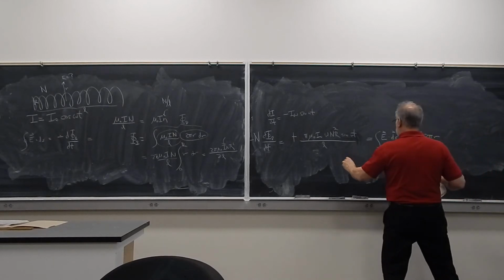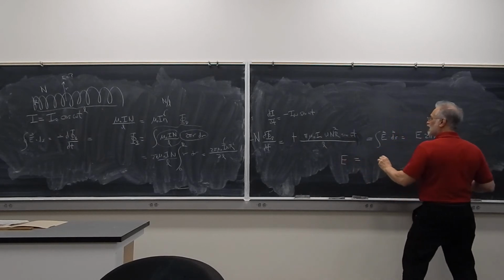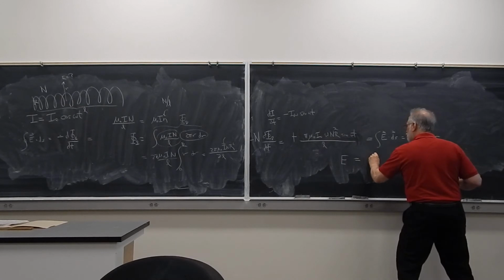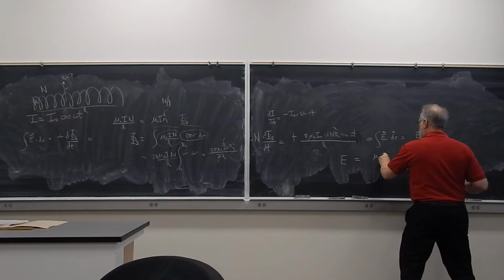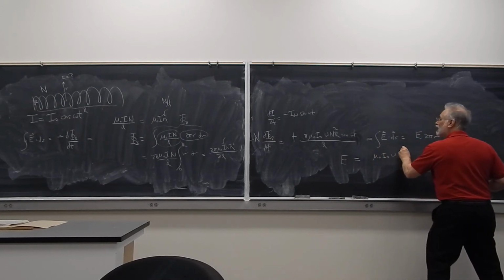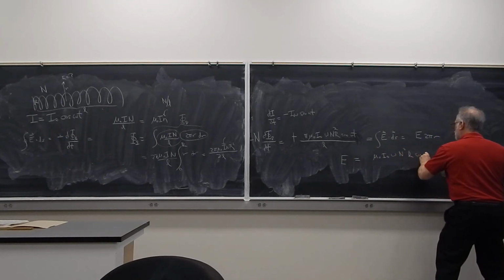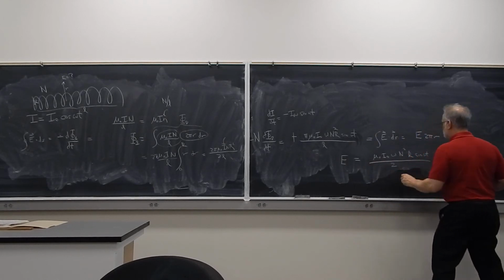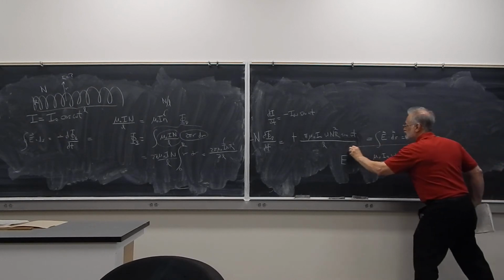Therefore, my electric field is just going to be equal to mu naught I naught omega N squared R squared sine omega t divided by 2 little r.